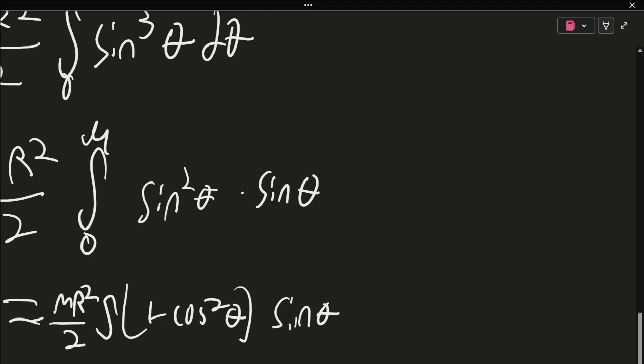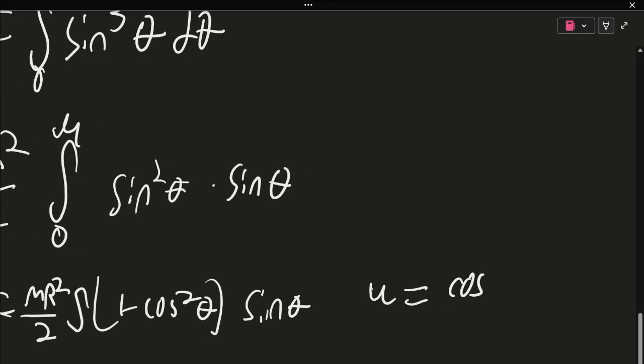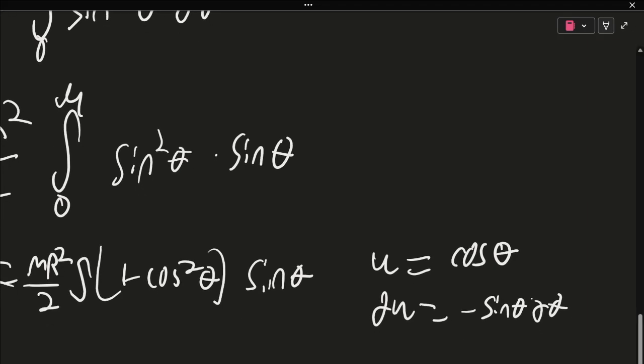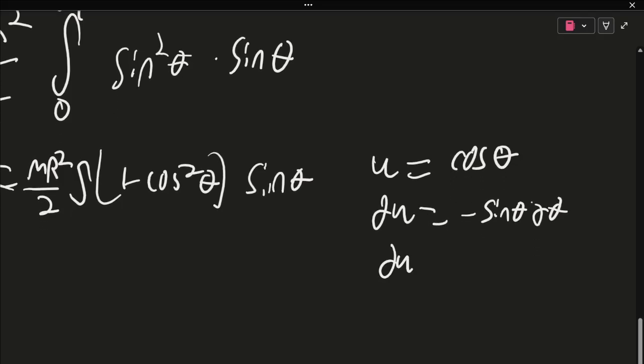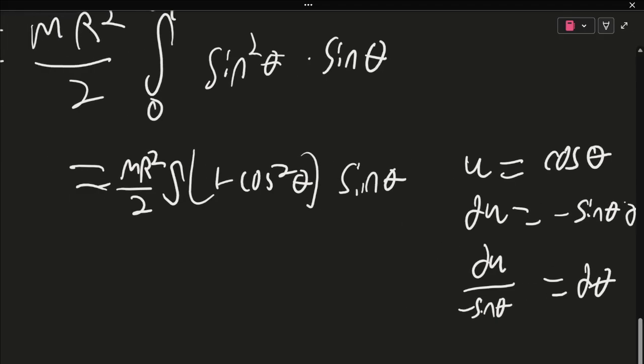And now we need to do a u substitution from here. So u is equal to cosine of theta. Du is equal to negative sine theta d theta. So du over negative sine theta is equal to d theta. And we can plug this in.